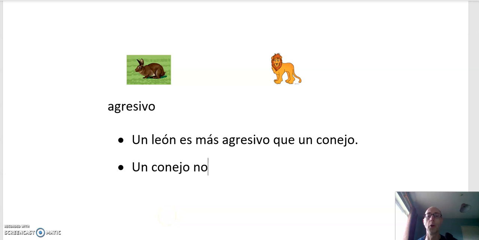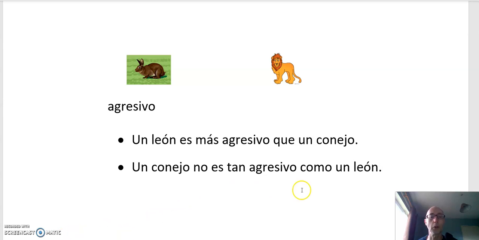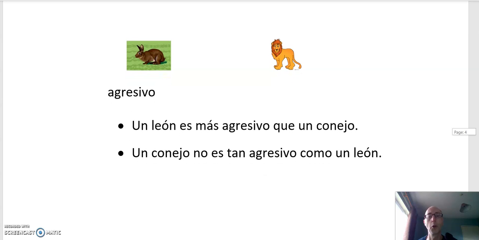Un conejo no es. How do we do that? No es tan agresivo como un león. No es tan agresivo como un león. So it's always the same. No es tan adjective como.